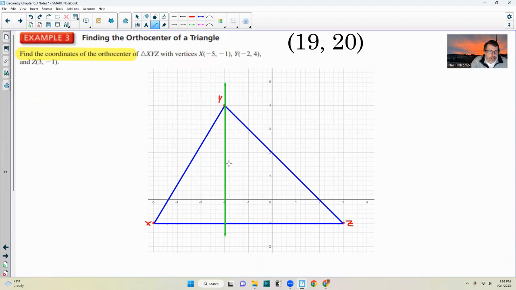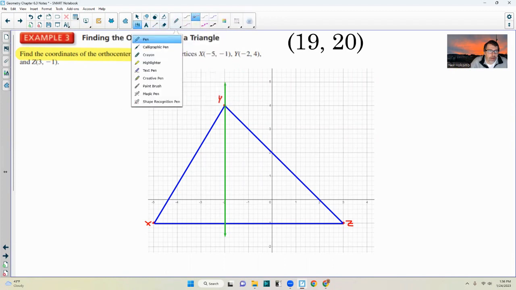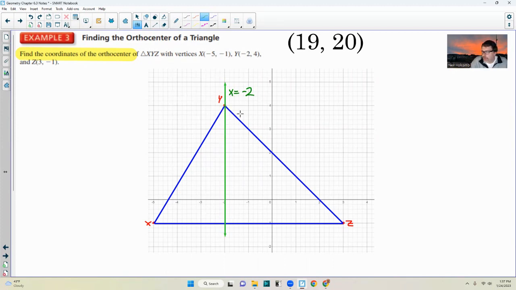So I want to find the equation of that line. Since it's vertical, that's the easy one. This green line right here is going to be the equation x equals -2. That is the equation of this segment or line. Okay, x equals -2, vertical line.